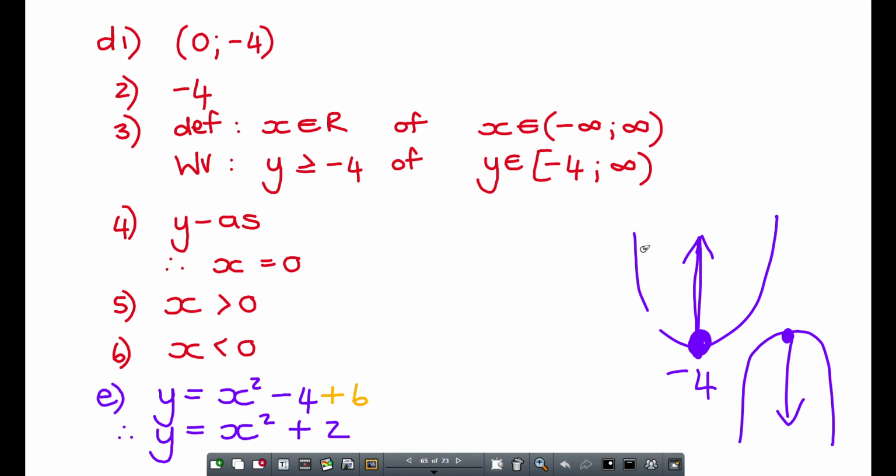Right, then at 4, they asked me for the axis of symmetry. Nou, jy hoef net vir my te geskryf het x is gelyk aan 0, right? But just to explain quickly, we said that the axis of symmetry would be that line that cuts it exactly in half. Nee, nou so ver, of het nou 'n positief of 'n negatiewe grafiek is, the y-axis is going to cut my graph exactly in half.